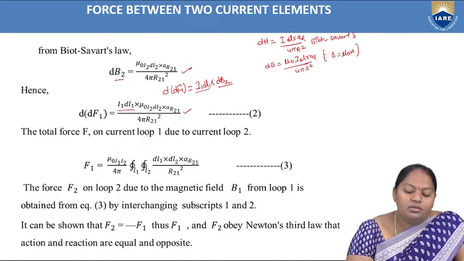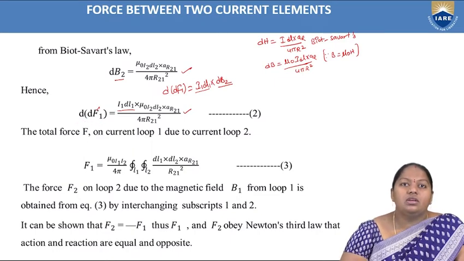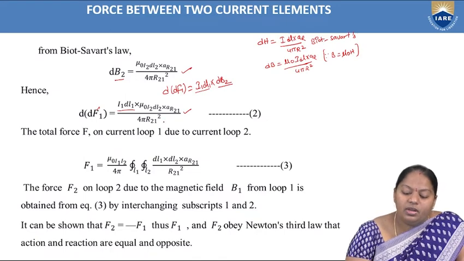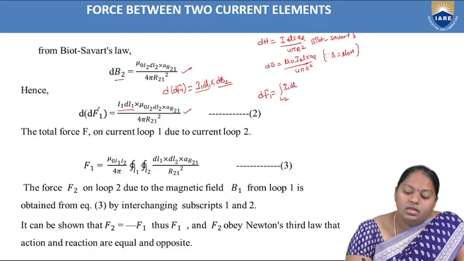So, I want to find the value of F1. To find the value of this F1, we have to apply integration two times to cancel these two differentiation elements. Hence, first, if you apply one-time integration, then dF1 is obtained as the integral over L2 of I1 dl1 into μ0 I2 dl2 aR21 by 4π R21 squared.